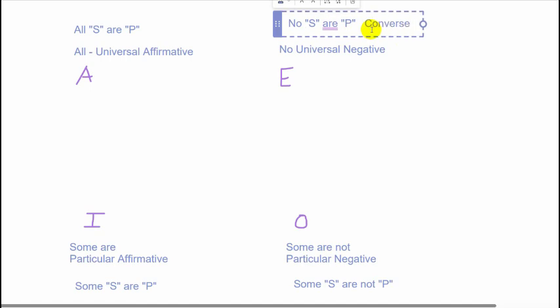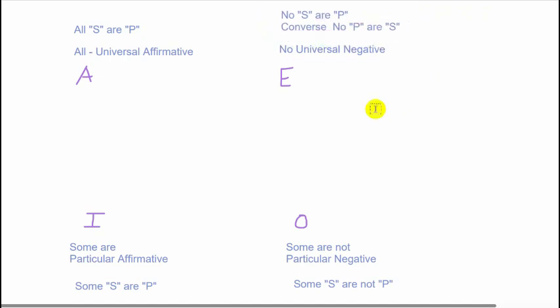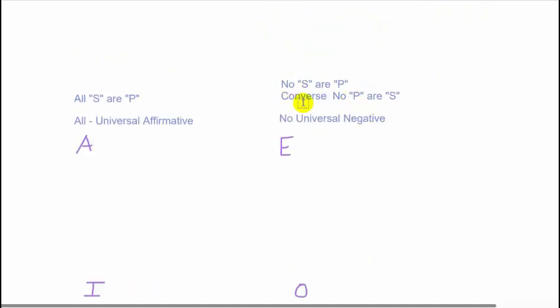The converse of no S R P is no P R S. Both are valid. The converse of no S R P is no P R S.